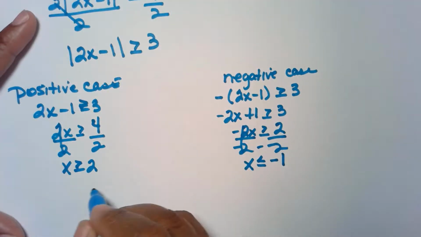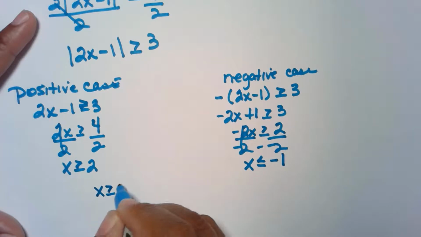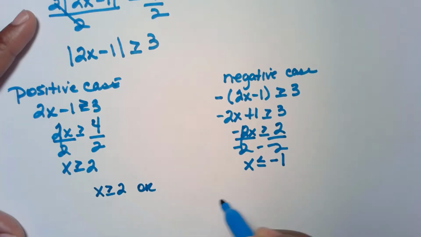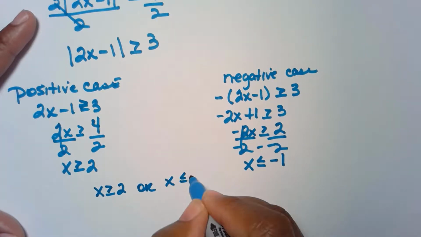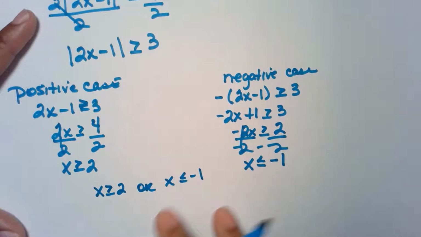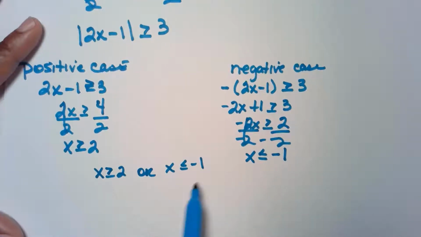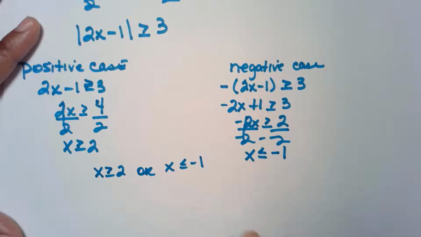So our solution says x is greater than or equal to 2, or x is less than or equal to negative 1. If you want to write this in numerical order, with negative 1 first and then 2, that's fine.